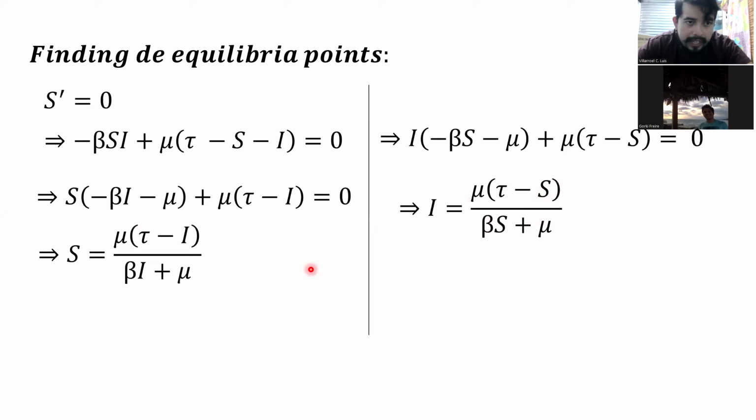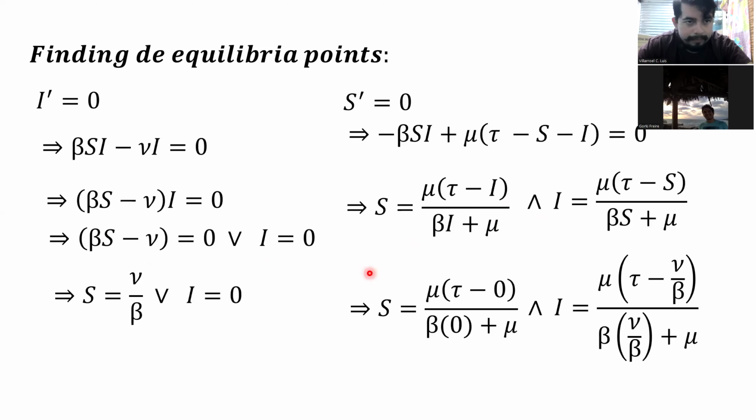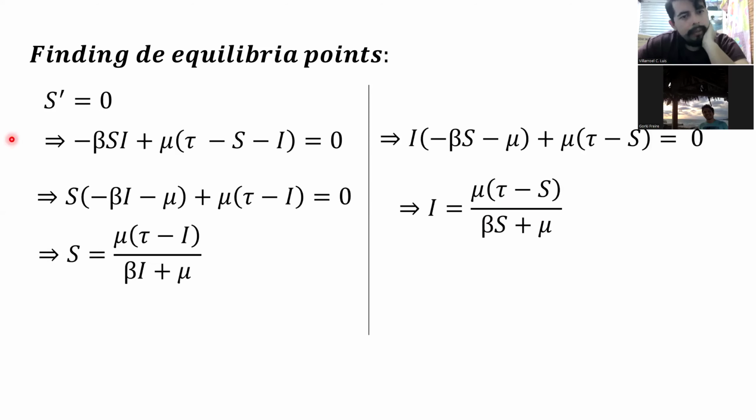So for the same equation, we have two different results, one for S and the other for I. What is the purpose of this? Well, the purpose is to analyze the nullclines, as we studied in the last case.